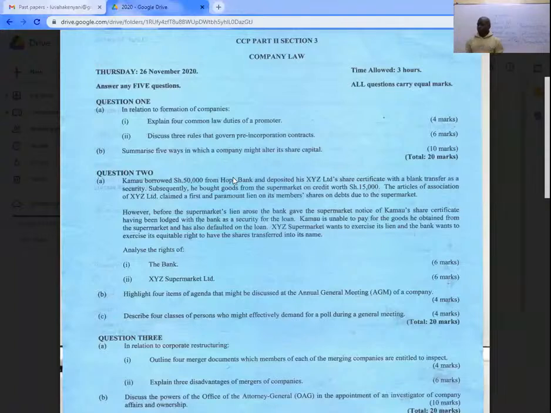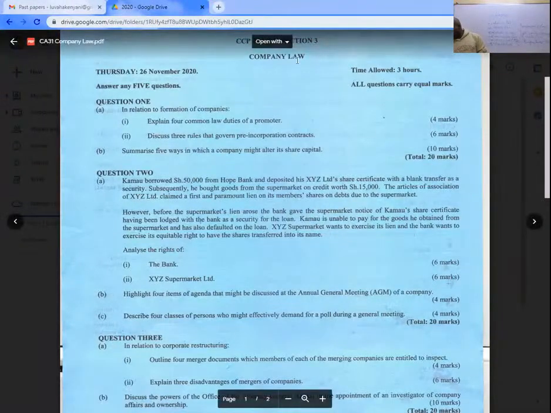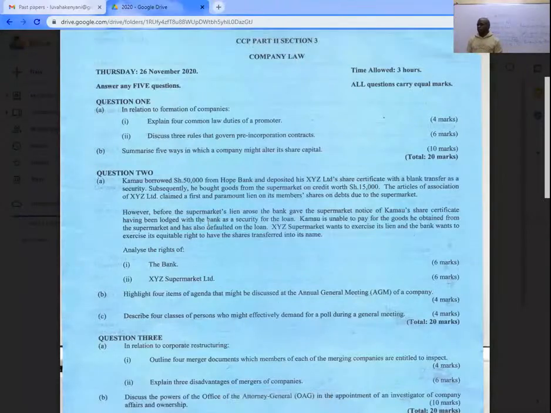So I think we can look at that particular question. It says Kamau borrowed 50,000 shillings from Hope Bank and deposited his XYZ Limited share certificate with a blank transfer as security. Subsequently, he bought goods from the supermarket on credit worth 15,000. The articles of XYZ Limited claimed a first and paramount lien on its members' shares on debt due to the company.